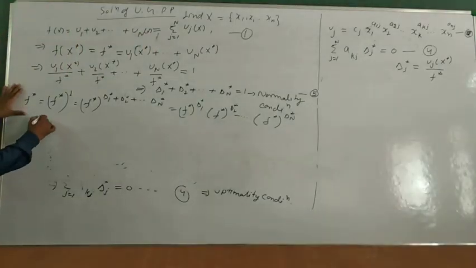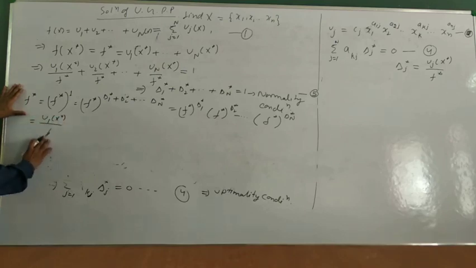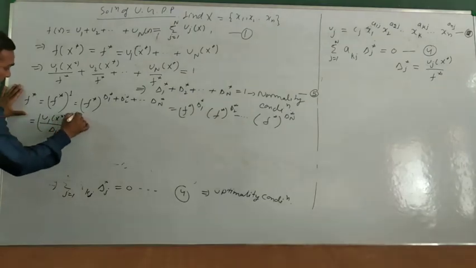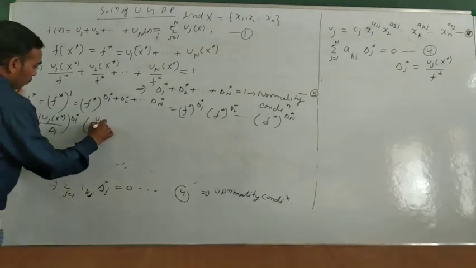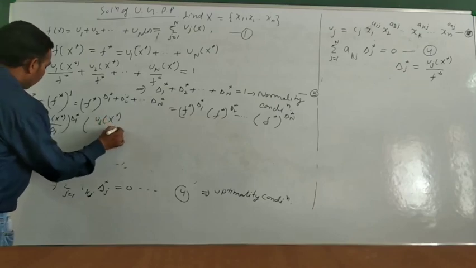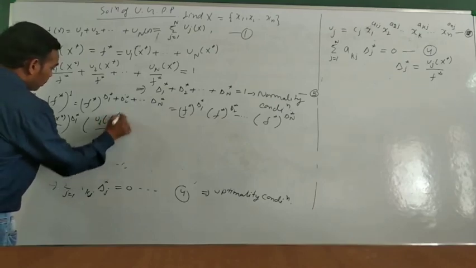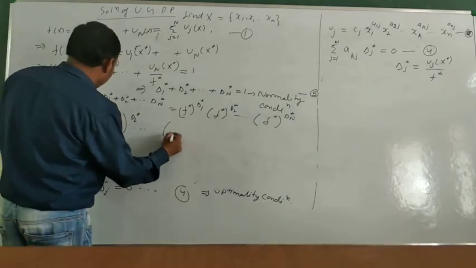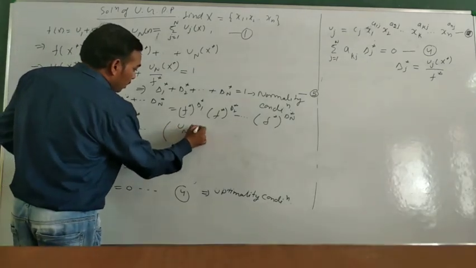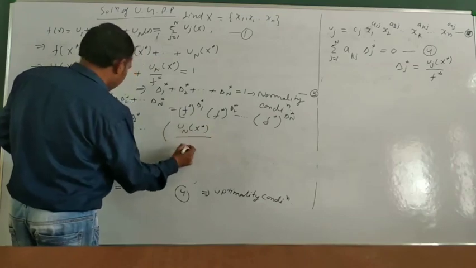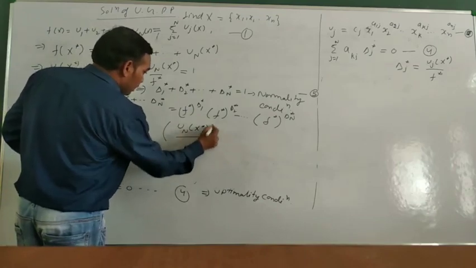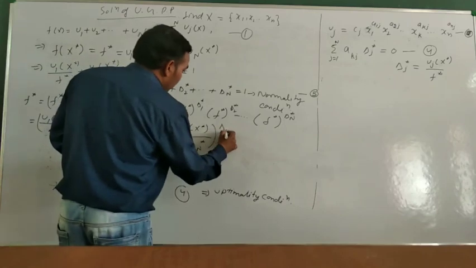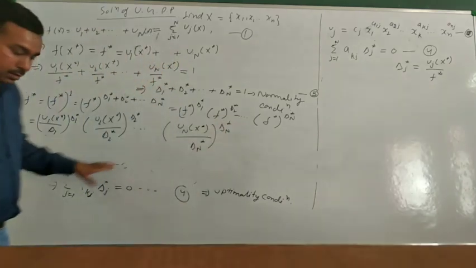We can write u1 x star upon delta 1 star to the power delta 1 star, u2 x star upon delta 2 star to the power delta 2 star, up to un x star upon delta n star to the power delta n star.